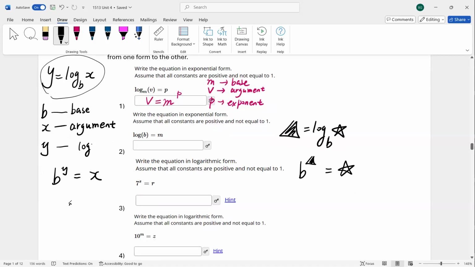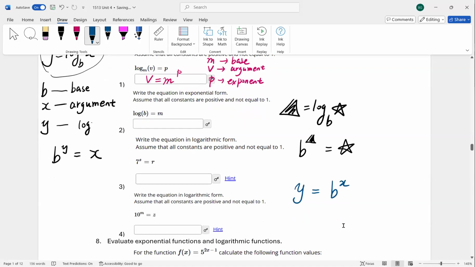What if we do the other way around? If we are given the exponential form, how do we rewrite the equation in its equivalent logarithmic form? In this equation, B is still the base, right? B is the base. That part doesn't change.